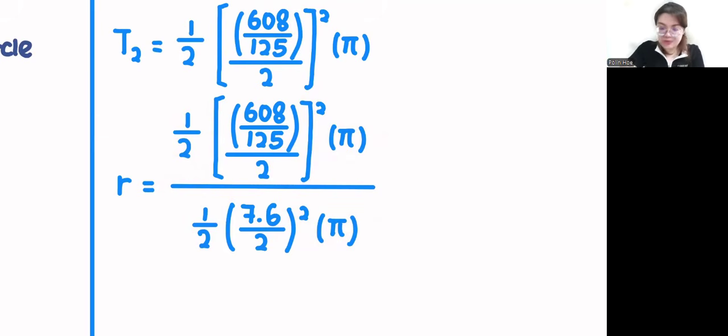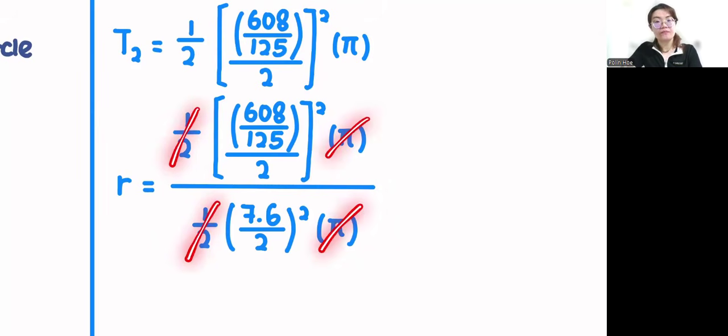You get 0.4096. Once again, I show you: cancel, cancel. Okay, 1/2 and 1/2. Pi and pi. This one has a square, this one has a square. So I need to keep it. This and this will cancel.